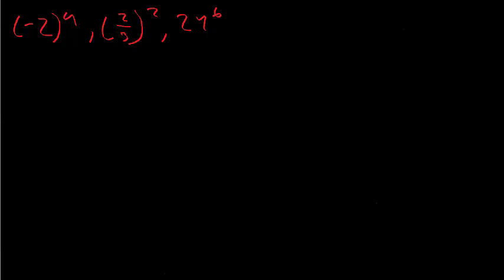And another thing a lot of people get confused on when working with exponents is that any exponent with the power of 1 equals that same number. So if I have, say, 4 to the power of 1, that would equal 4. And if I have 6 to the power of 1, that would equal 6.